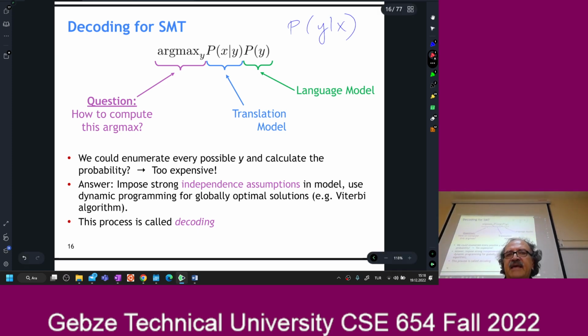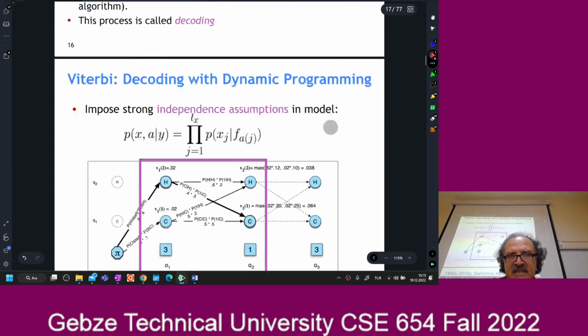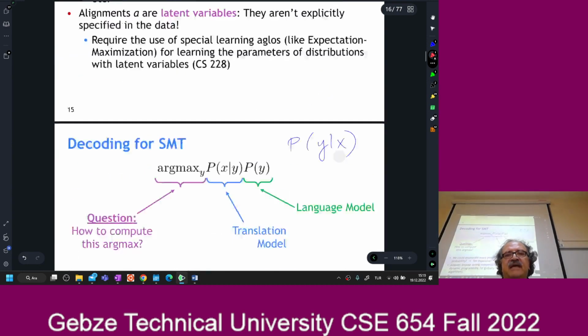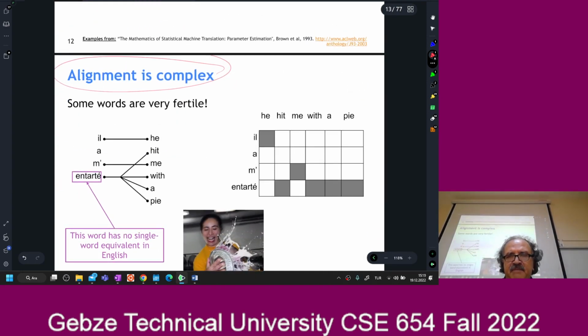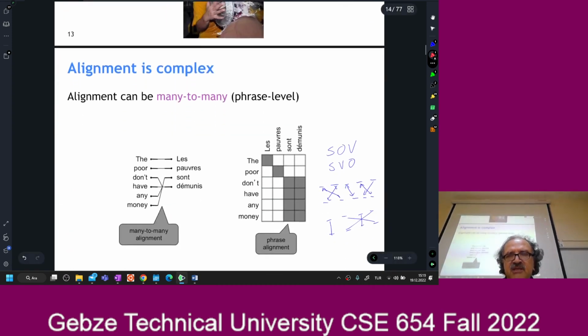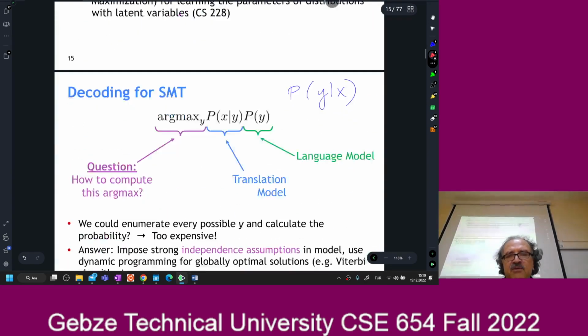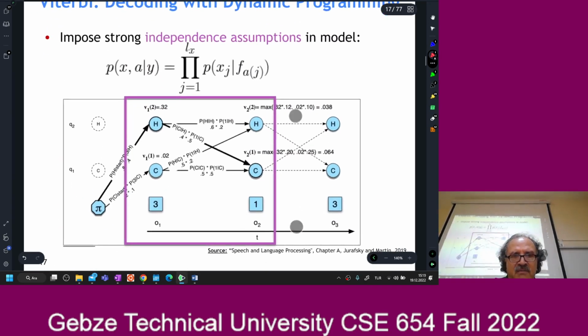Maybe I can say that after finding the alignment, I translate each sentence part separately from each other, an independence assumption, and that will give us some translation results like this. If I assume that each part is separate, they are different from each other, maybe I can use this Viterbi algorithm like this.